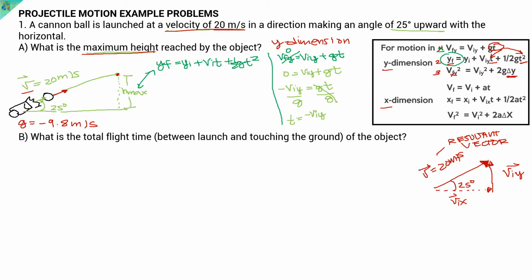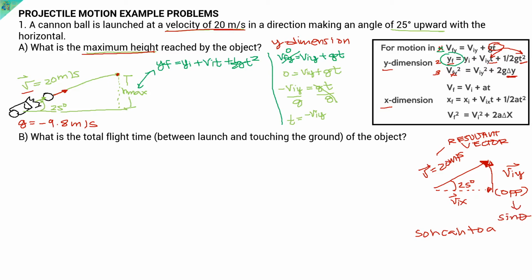Now, according to our SOHCAHTOA, what part of the triangle is our VIY? Okay? So if this is our angle, our VIY is at the opposite side. Right? Which means that we have to use sine theta.